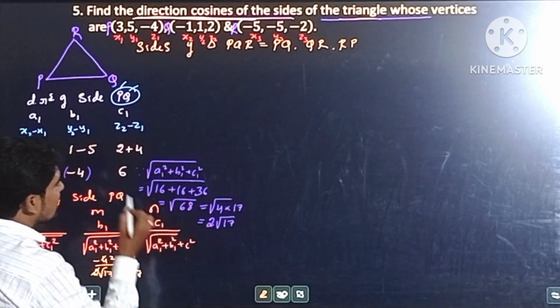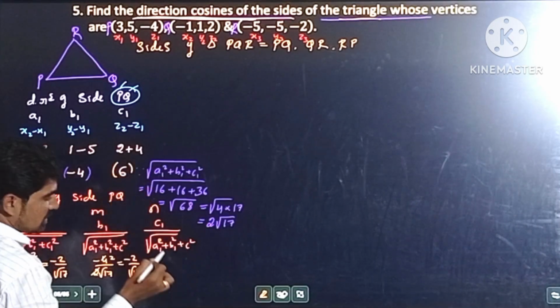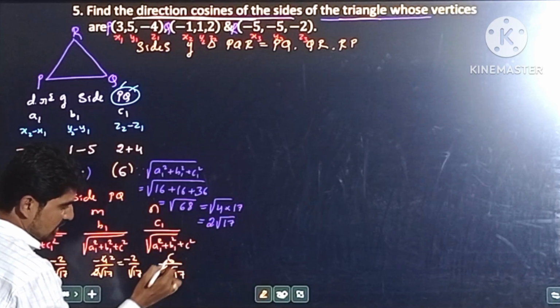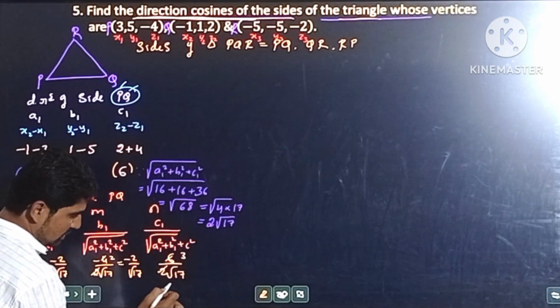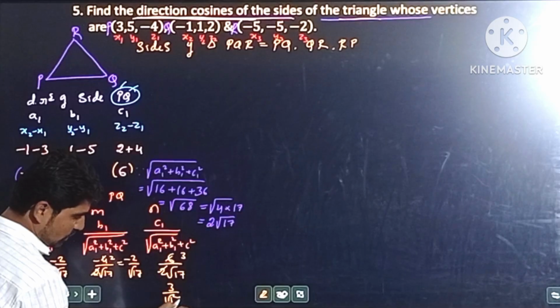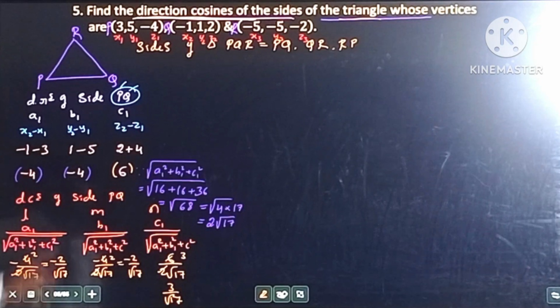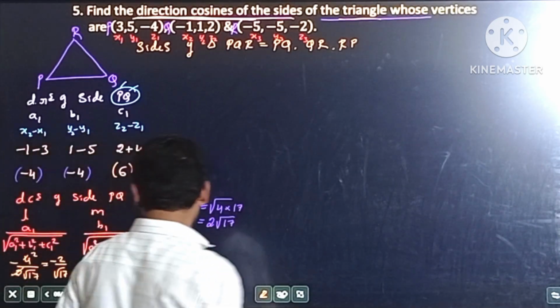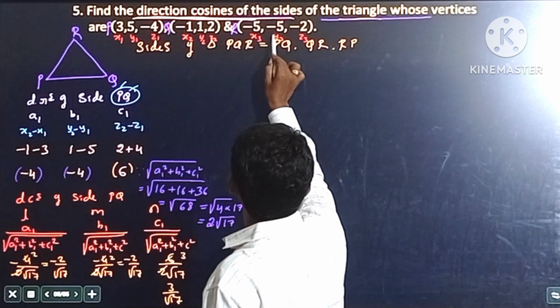And the value of C1 is 6, so 6 divided by 2 root 17. 2 ones are 2, threes, which is equal to 3 divided by root 17. Therefore the direction cosines of the side PQ are minus 2 by root 17, minus 2 by root 17 and 3 by root 17.